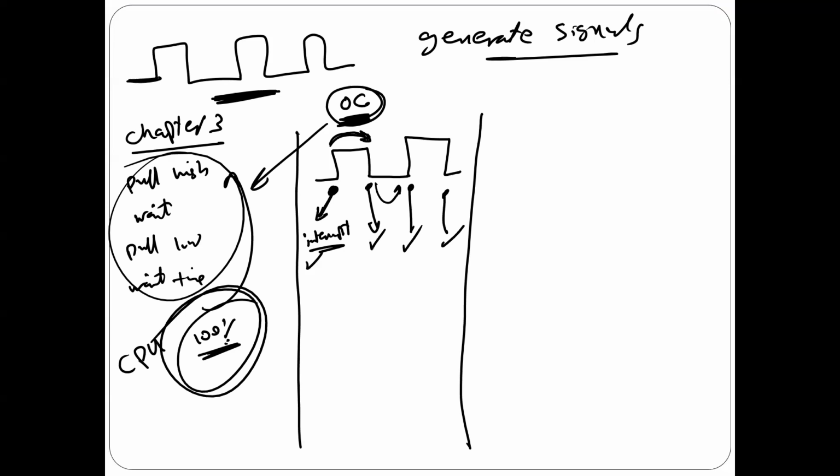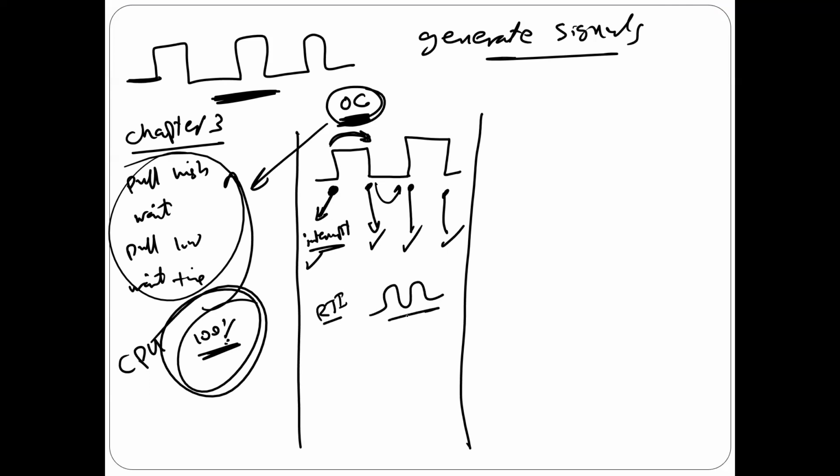By the way, this idea is very close to test 2 when you used RTI to generate a signal for the buzzer. It was a very close idea. So I used RTI like output compare. It's the same as in test 2 when you used RTI to generate a signal.